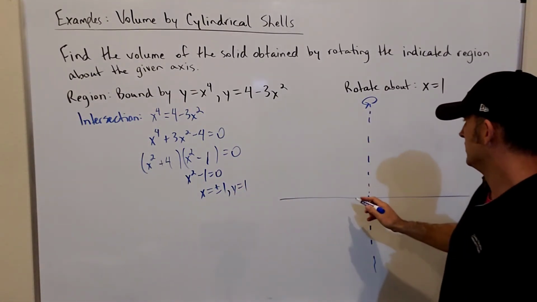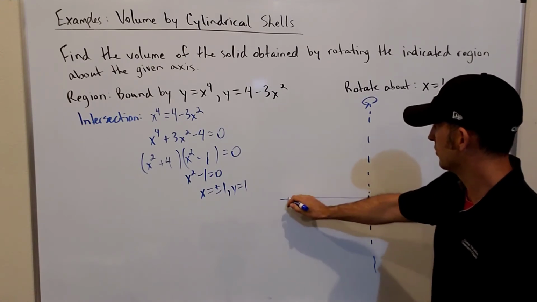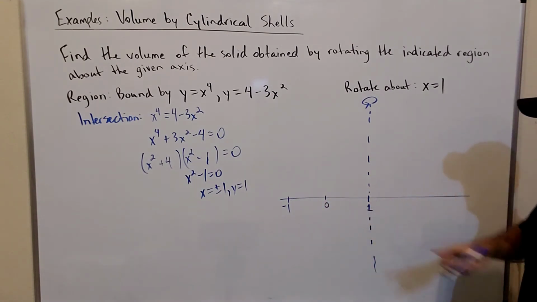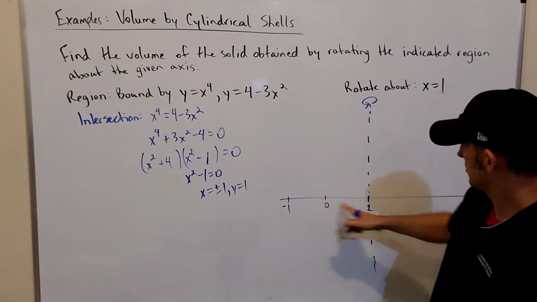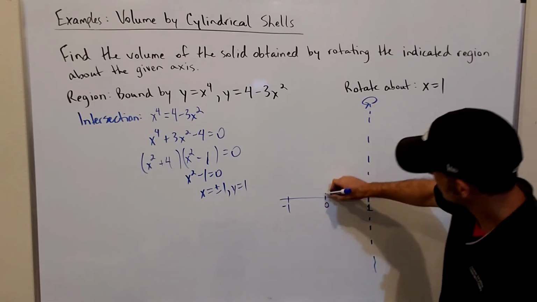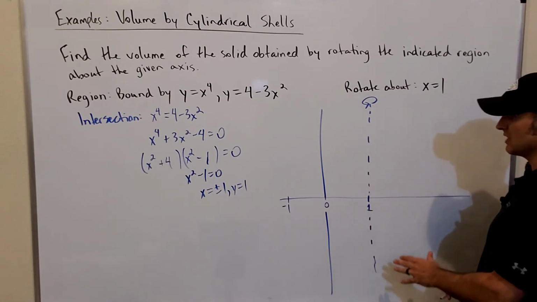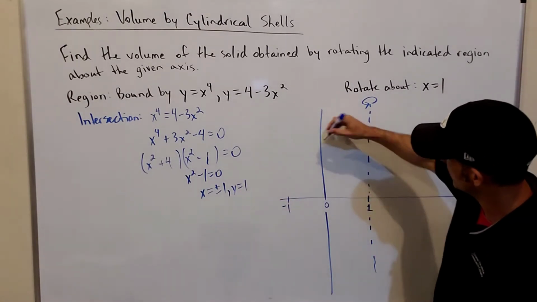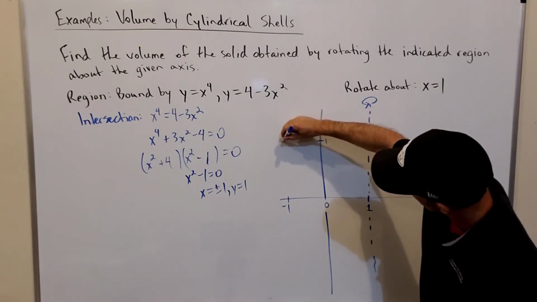So negative 1 is over here, here's 0, and then there's positive 1 on the x-axis. Here's my y-axis, by the way, where x is 0. And whenever x is negative 1, y is positive 1 is my intersection point, so I've got an intersection point there.